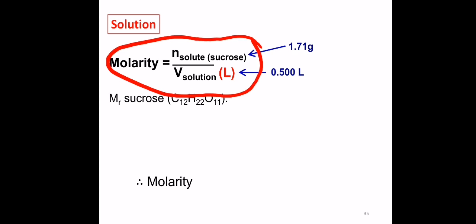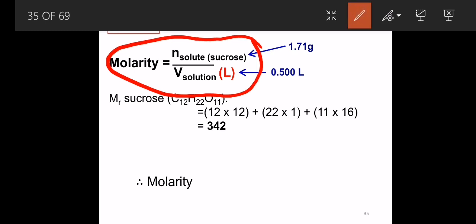Molar mass for sucrose. Please be careful, guys, while you are calculating the molar mass for sucrose, please make sure all the Ar that you take is the correct value. Ar for carbon is 12.0, Ar for hydrogen is 1.0, and Ar for oxygen is 16.0.